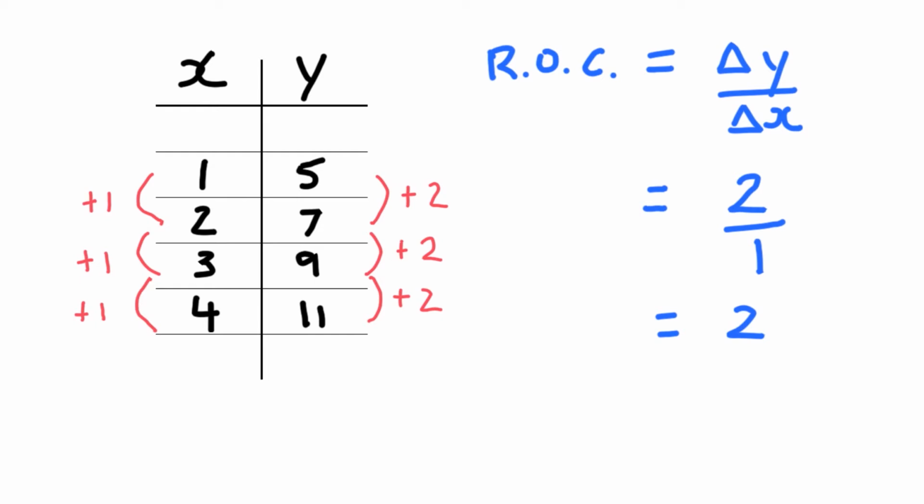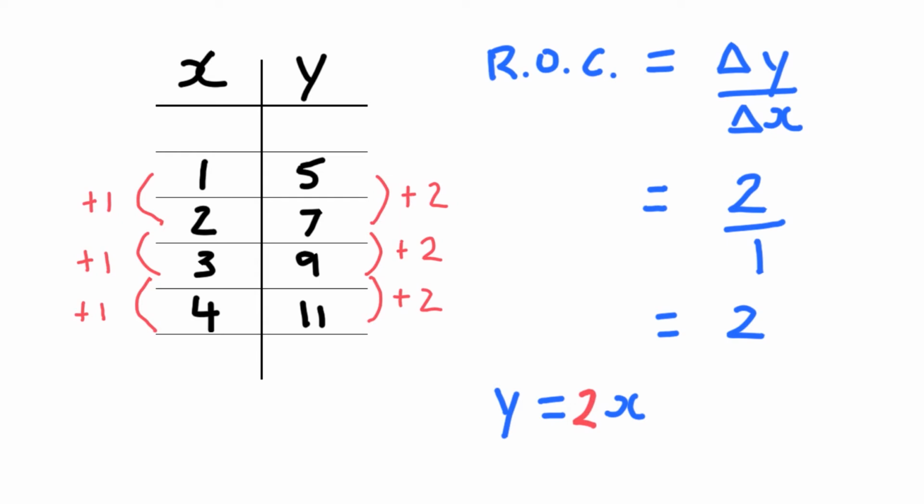When we're coming up with our equation, our rate of change is always going to go in front of the x variable. So for my equation, y is equal to x, and I'm going to have some numbers in here. The rate of change is always going to be right in front of that x. Okay, so as soon as we solve for the rate of change, it just goes right in there.